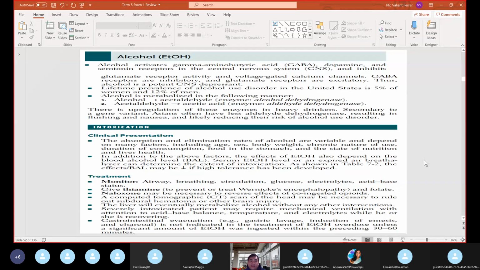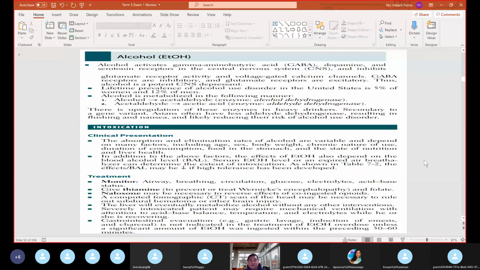Why should we give thiamine first? So you don't exacerbate the symptoms. Exactly. And thiamine is used in gluconeogenesis, right? So you need to give thiamine first. You need to give the cofactor first in your biochemical reactions before giving glucose.